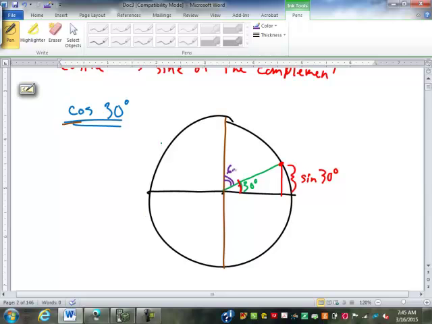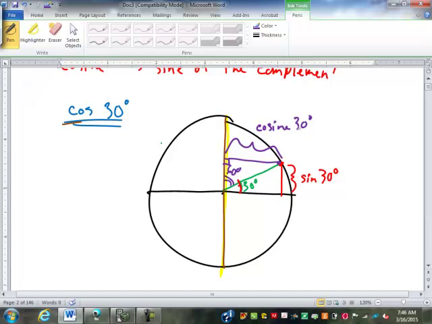That is 60 degrees, or the complement of 30. So if we're looking at that angle, and now switching our reference so that this is our reference diameter, where would the sine of that angle be? From right here to right there. That is the cosine of 30 degrees.